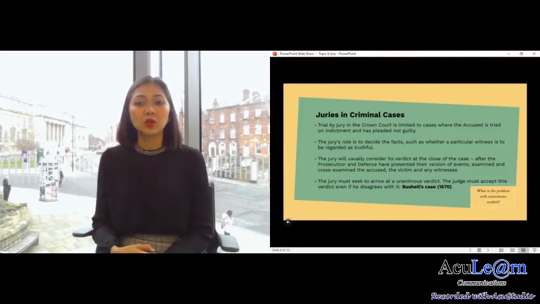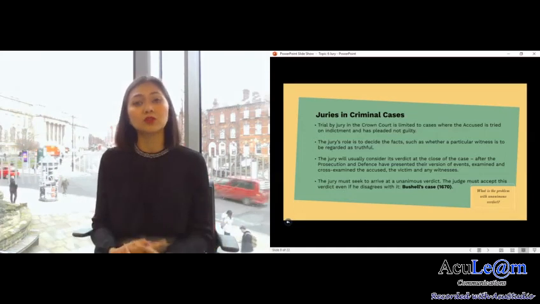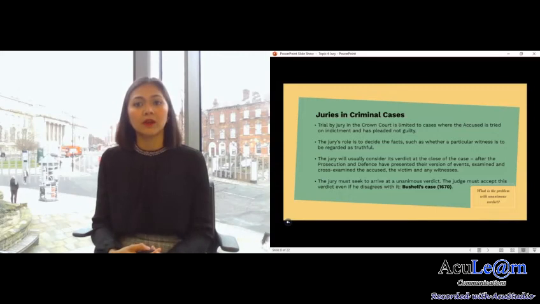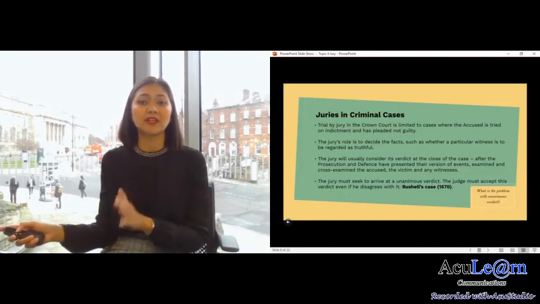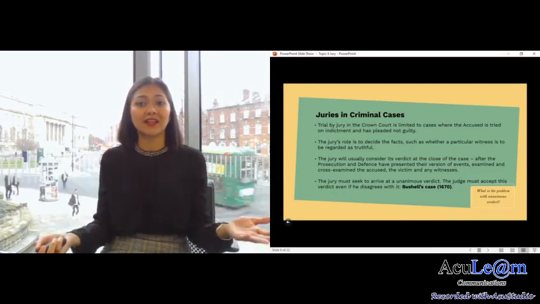So jury's role is only limited to facts, of course, because if you want jury to do law, then you need to select juries who have a law degree, which will become very difficult. So jury will only consider the verdict at the close of the case after the prosecution and defense have presented their case.